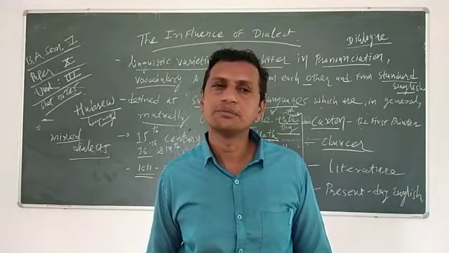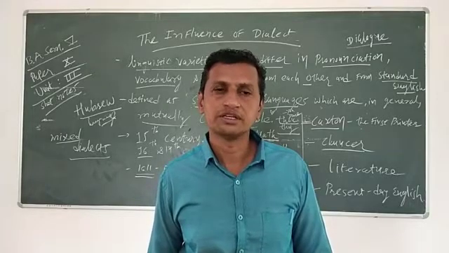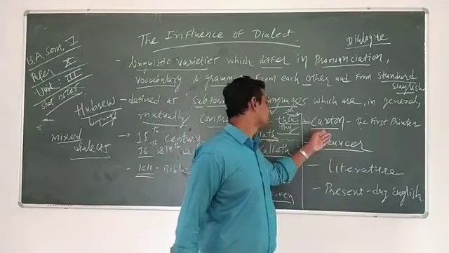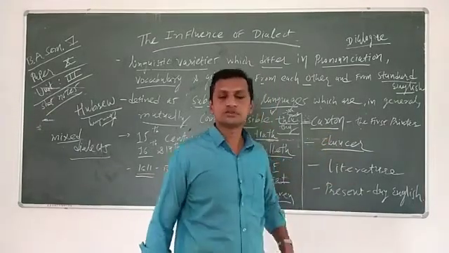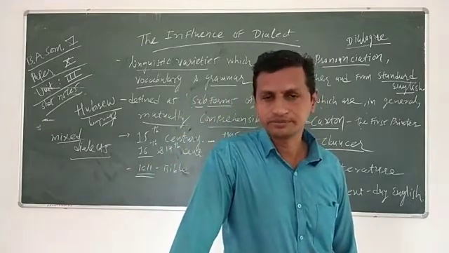He was the first person who printed a book of English literature. That was Michael Caxton, and the one who invented the printing machine was Gutenberg.